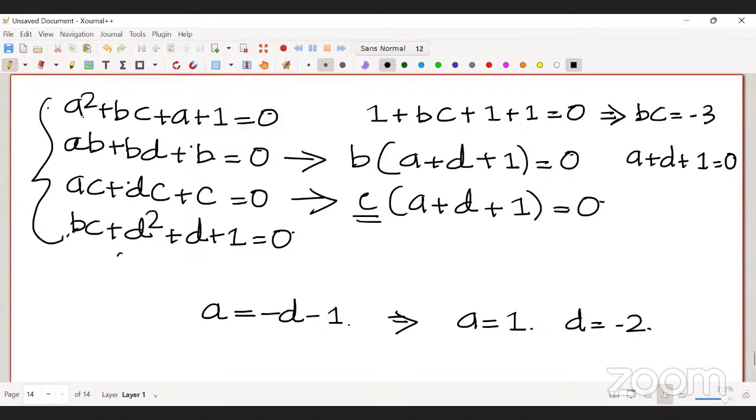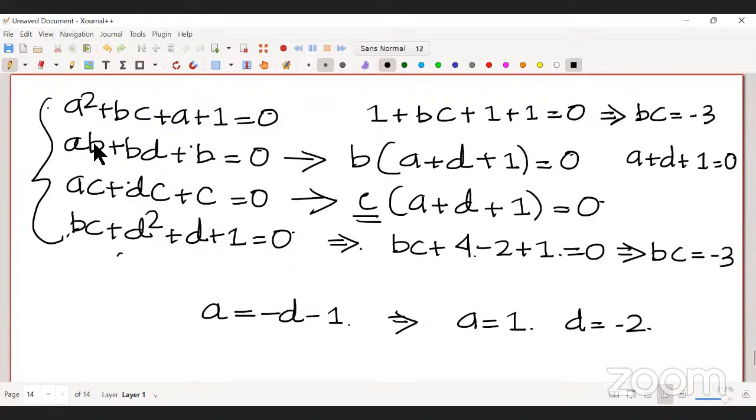And if you substitute D equal to -2 here, what will you get? BC plus 4 minus 2 plus 1 equals 0. So here also you are getting BC equal to -3.